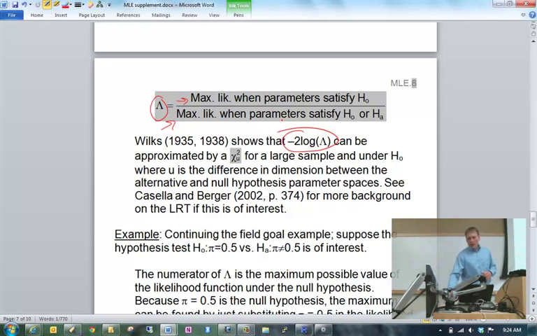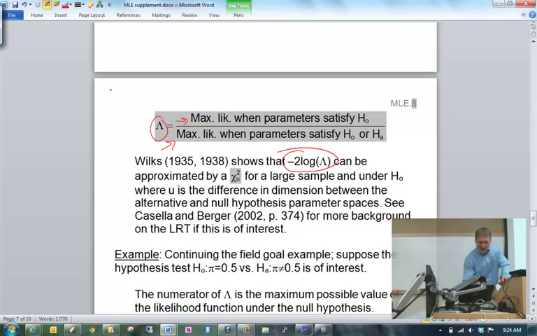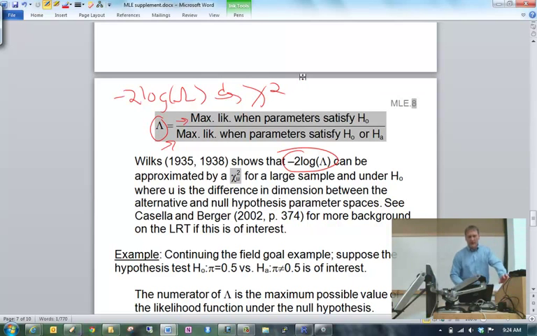For those of you who like a more mathematical description of that, this is the way that it would be presented, for example, in a class such as STAT 980. -2 log lambda converges in distribution to a chi-squared distribution. If you don't want that kind of a mathematical description of it, just think that for a large sample, a chi-squared distribution is going to work.